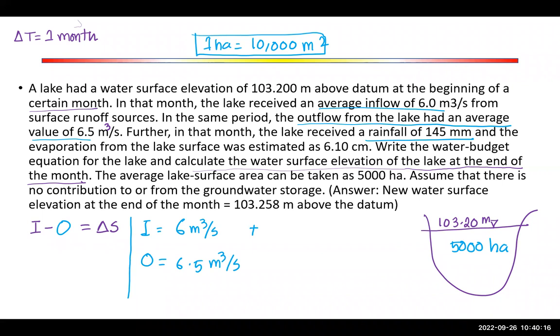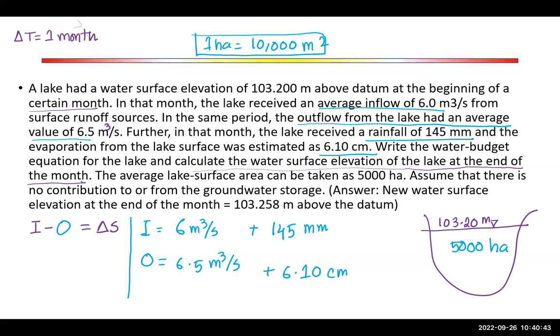Is that inflow or outflow? 145 millimeter. And the evaporation from the lake surface was estimated as 6.2 centimeter. Is that outflow or inflow? Okay. And you are already seeing we have a chaos of all the units, right?